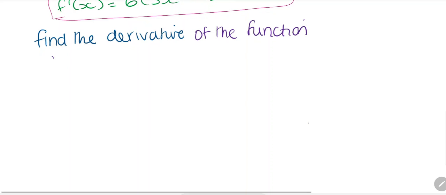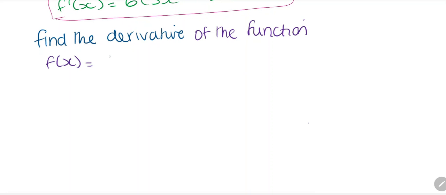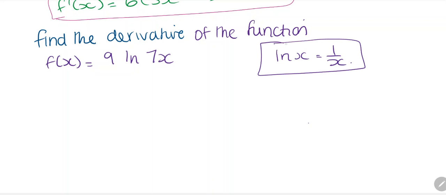Okay, where f of x is equal to 9 ln 7x. So this time we need to use the fact that the derivative of ln of x is 1 over x. So we're going to be looking at using this.